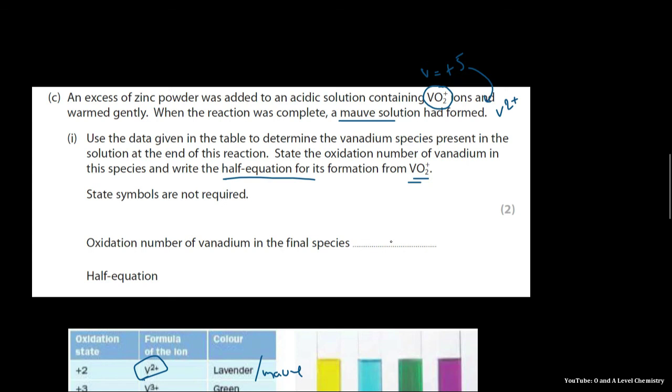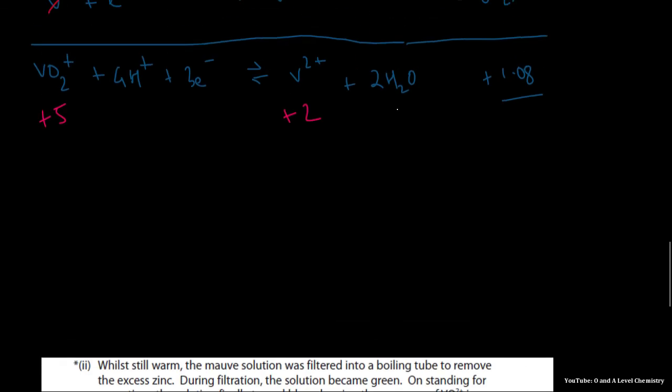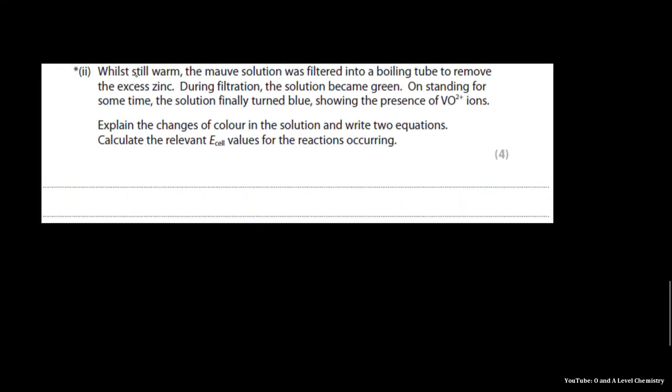The oxidation number in the final species, I know that it was mauve in color, which was lavender, so it was 2+. And the half equation is this. Then we move on. While it was still warm, it was filtered, and during the filtration, the solution became green. On standing for some time, the solution turned blue.